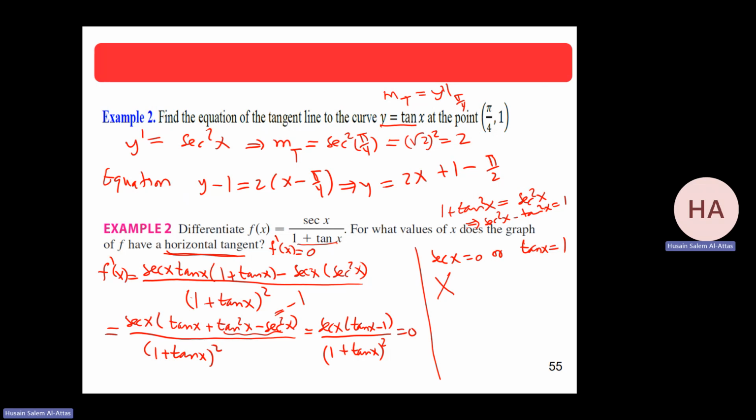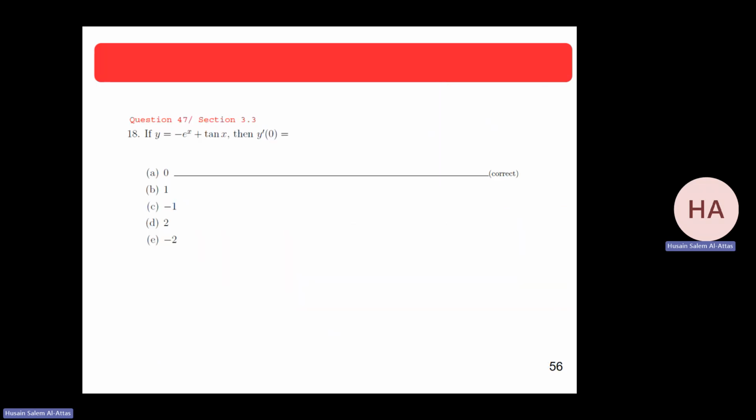Tan x equals 1 when x equals pi over 4 plus n pi, so pi over 4, 9 pi over 4, and so on, because tan is positive in the first and third quadrants. So that will be the answer.